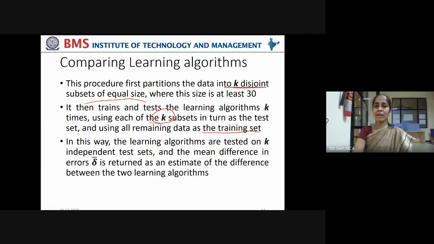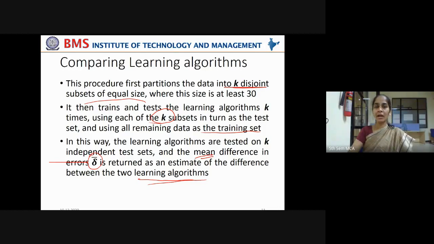So the learning algorithms are tested on k independent test sets, and the mean difference in errors, delta bar, is the average of the differences between the learning algorithms on each test set. The mean difference in the errors delta bar is returned as an estimate of the difference between the two learning algorithms. Is it clear?